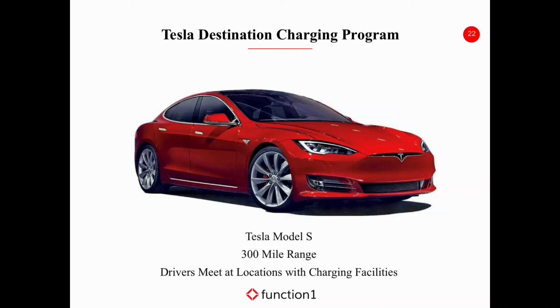So Tesla has this destination charging program. You go to their website, they have a link, and there are thousands of them all over the place. What's driving this new wave of chargers being put out there is that this year Tesla has pre-sold 400,000 of these Model S's, and they're going to have a 300-mile range.